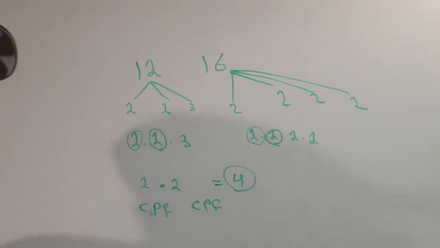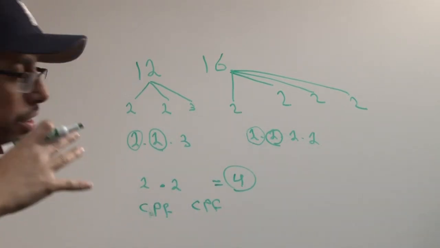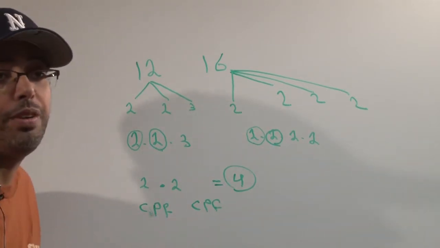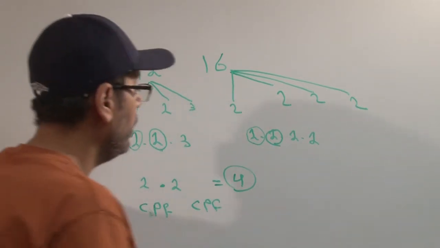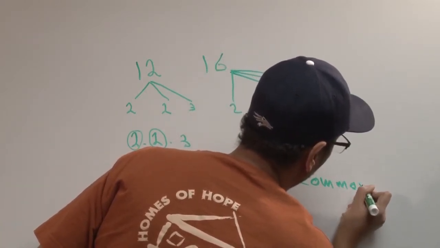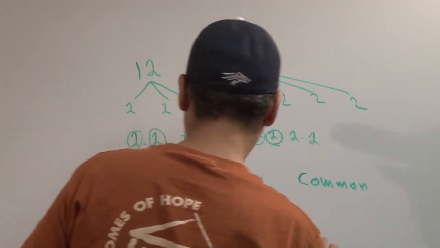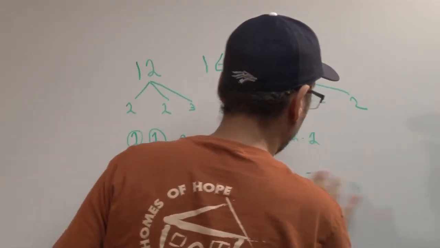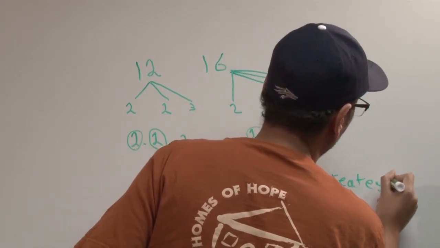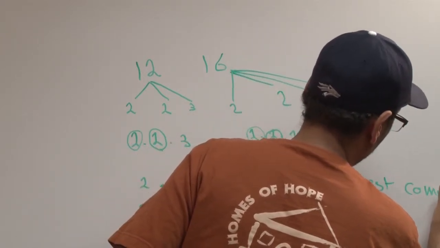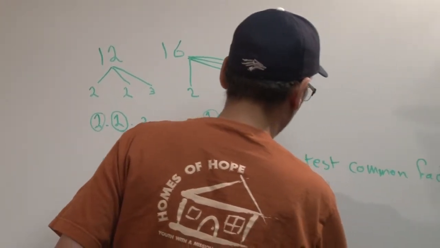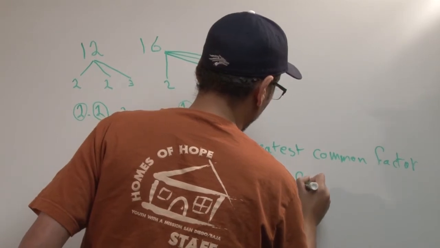But because 4 is bigger than 2, I will no longer call it a common prime factor, but I'll call it another name: greatest common factor, or GCF.